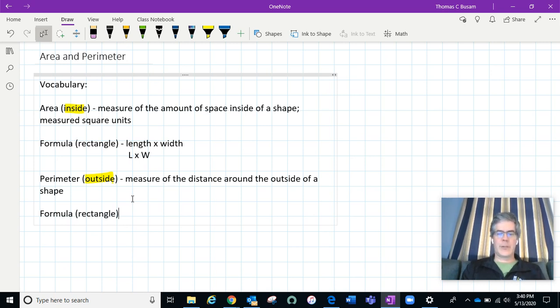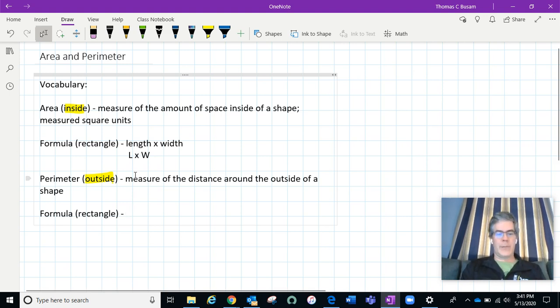But basically, you're adding up all the sides. In a rectangle, you have 4 sides and 2 sets that are each equal.